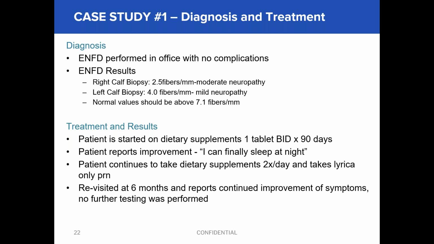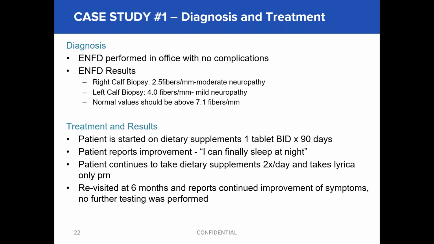At this point, he reported improvement. He reported that he could finally sleep at night, and he did have some occasional discomfort throughout the day. So I prescribed him some Lyrica that he would take on an as-needed basis, PRN, but to continue with the daily supplements and the folic acid.